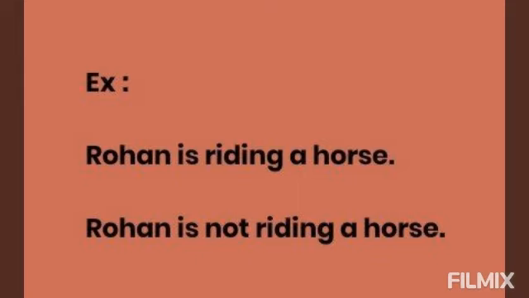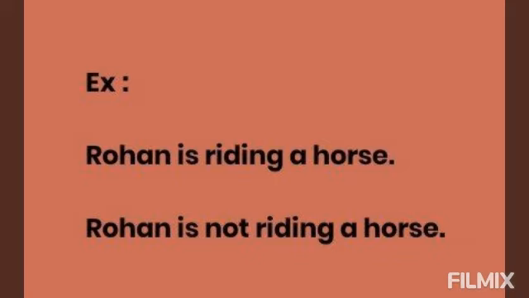Yes, is riding is a verb. Is riding has two words. One is is and another one is riding. So, now how to make it negative, children? Yes, we have to add not between is and riding. So, now the sentence will be, Rohan is not riding a horse. This is a negative way.